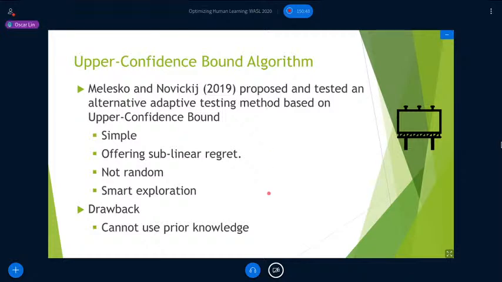But the drawback we found is that UCB, upper confidence bound, cannot use prior knowledge. Prior knowledge will be very helpful and is available in most cases to enhance the performance.